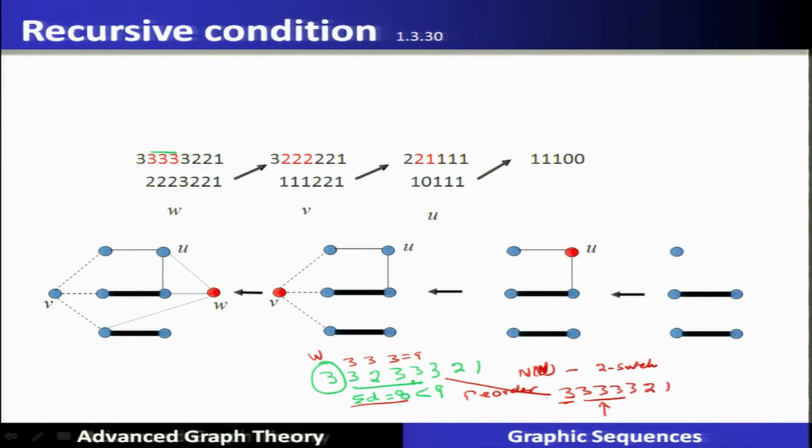So we have to reorder, and in this theorem we have seen the application of a 2 switch operation. Once it is done in this form, we remove this W and reduce the number of vertices. How many times?